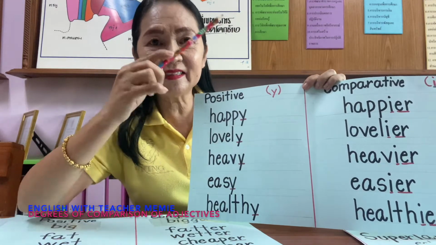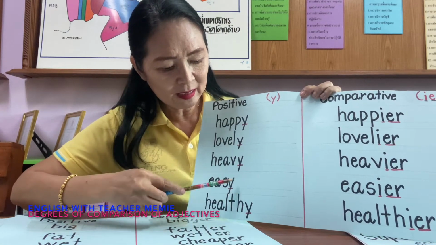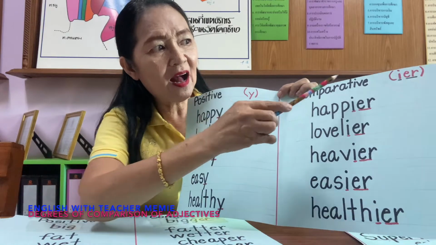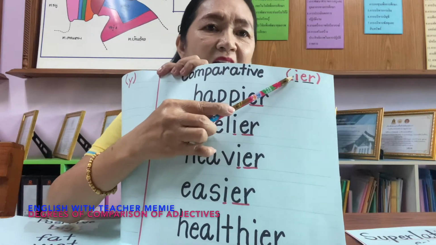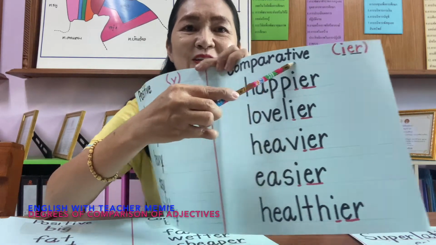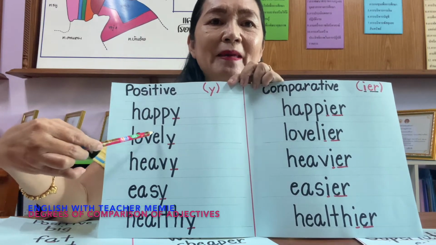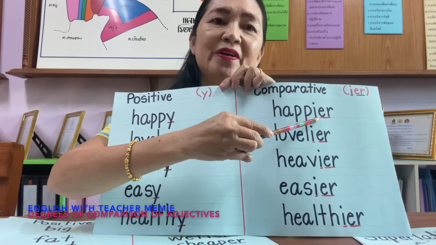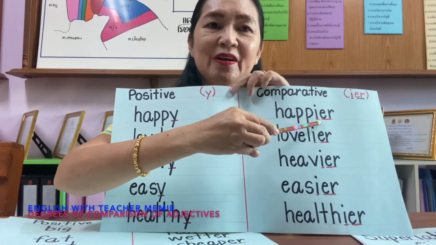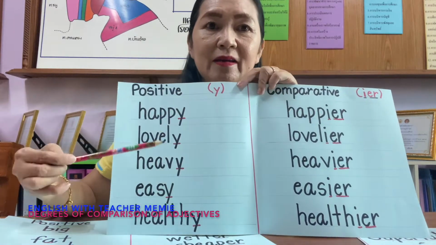Adjectives ending in Y change to I in comparative, then add ER. So in positive, happy becomes happier.